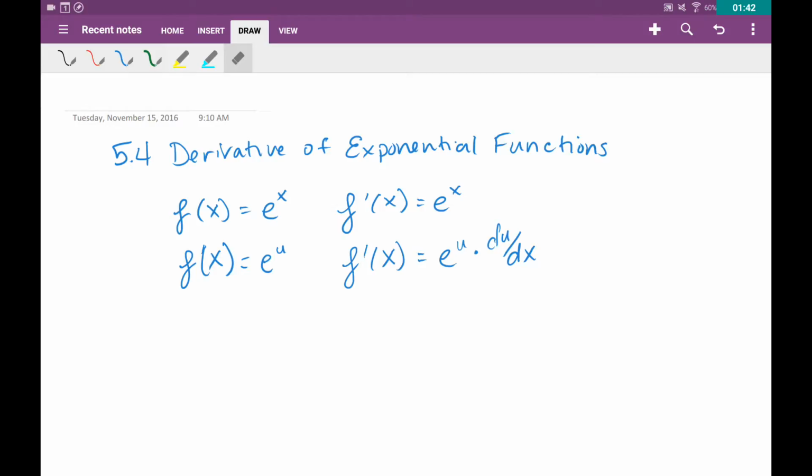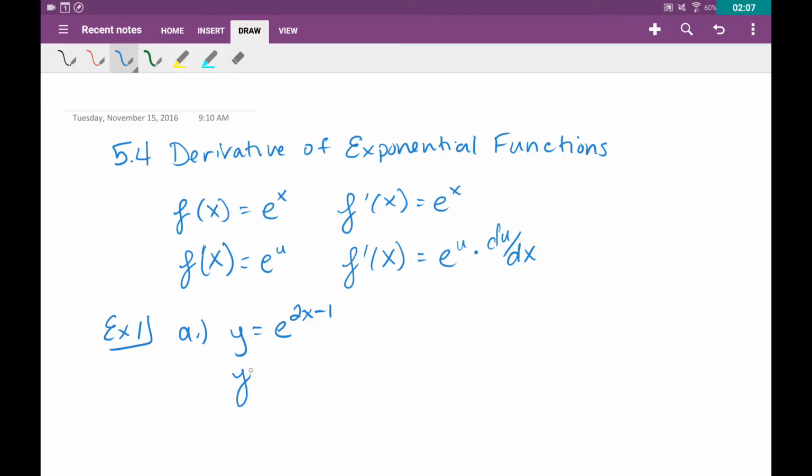First example, letter A. Find the derivative of y equals e to the 2x minus 1. Now notice that this one is not just an x, so we can't just rewrite it. We're going to have to add some extra derivative stuff in.